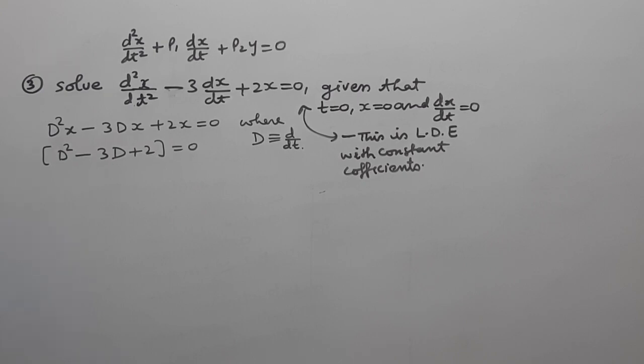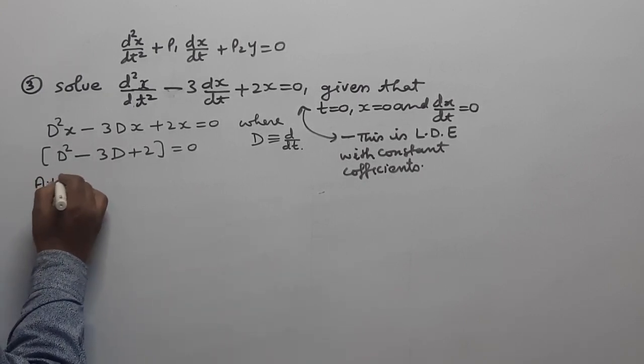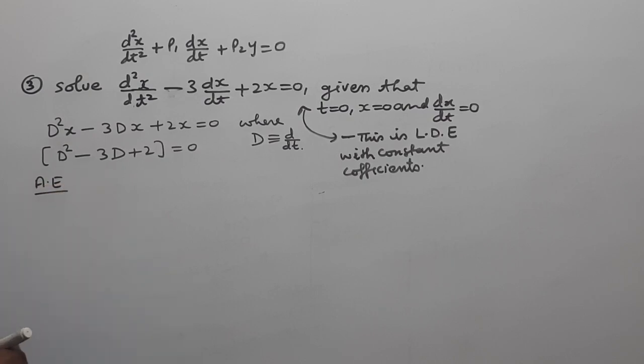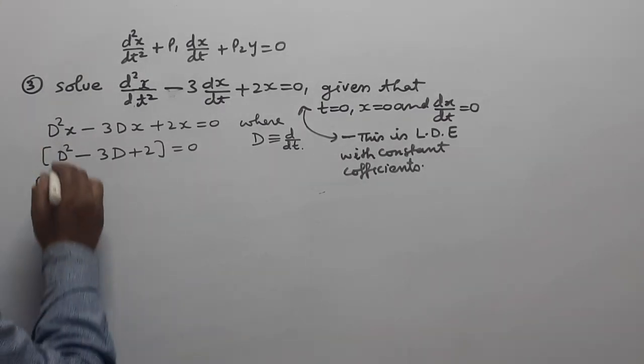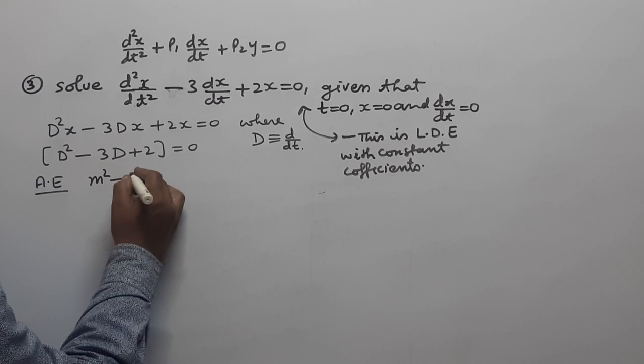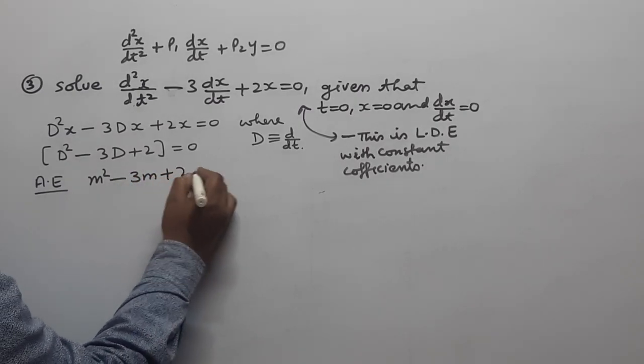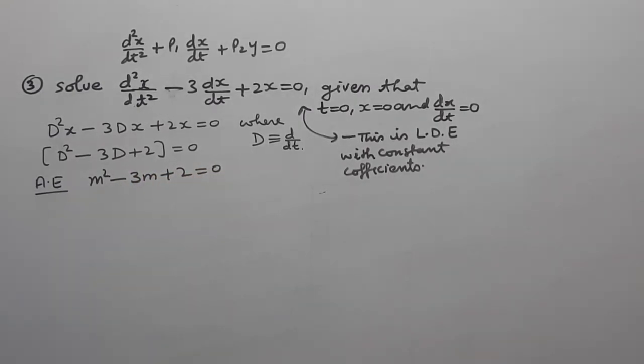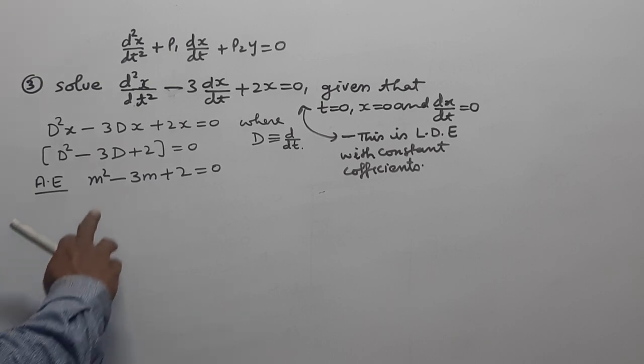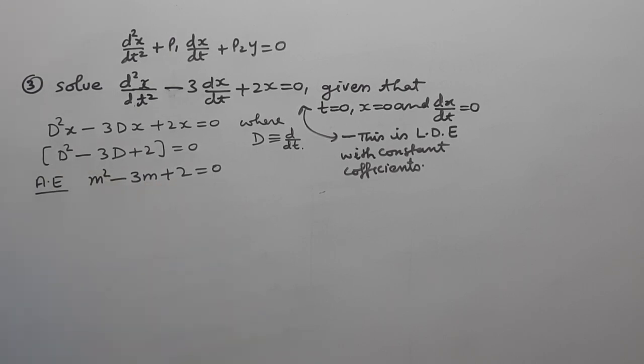For solving this, first we find the auxiliary equation. For finding the auxiliary equation, we put m in place of capital D. So this is m² − 3m + 2 = 0. We can see here, this is a quadratic equation in m.